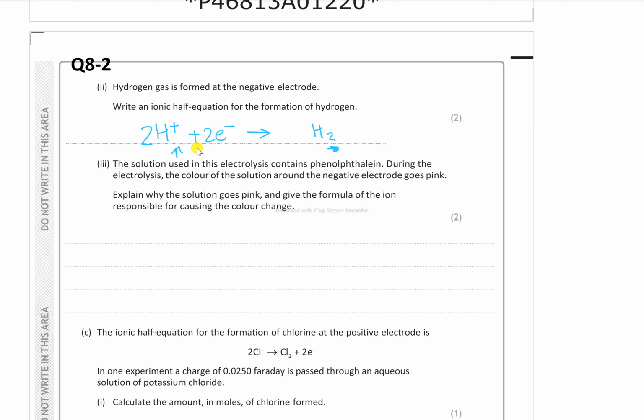Right, the more complicated, sophisticated one is you've got 2 water molecules, 2 electrons. They give hydrogen gas plus 2 hydroxide ions. But this is the one that I know and I use.